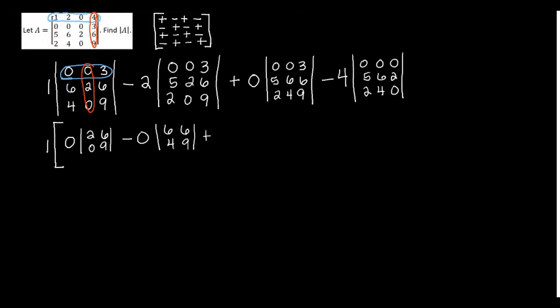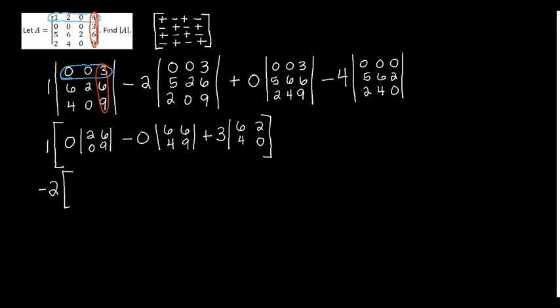Now we'll have a positive 3, and that will be times the remaining matrix, 6, 2, 4, 0. I'm going to repeat this now for each of the remaining matrices.